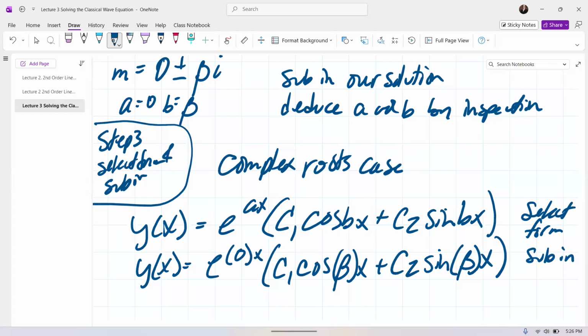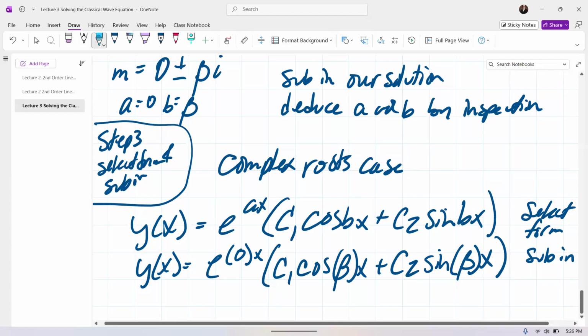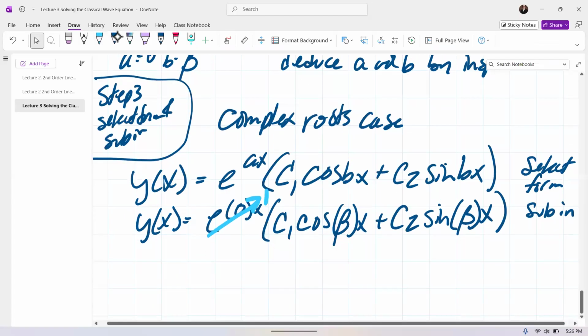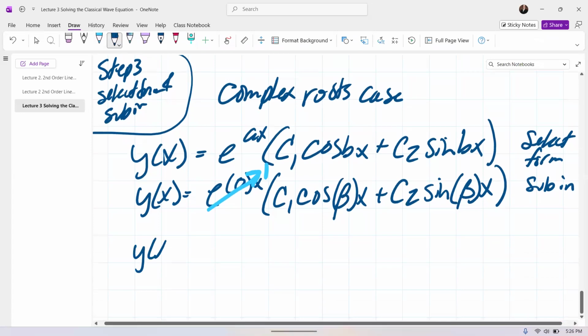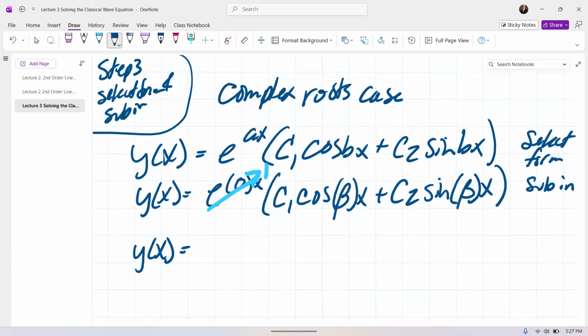And now we could do some simplification. So taking a look at this, anything to the 0 power is 1, including e to that power. So that just becomes a 1 times that thing. So that simplifies things quite a bit. So that means now we can have y of x equals c1 cosine beta x plus c2 sine beta x.